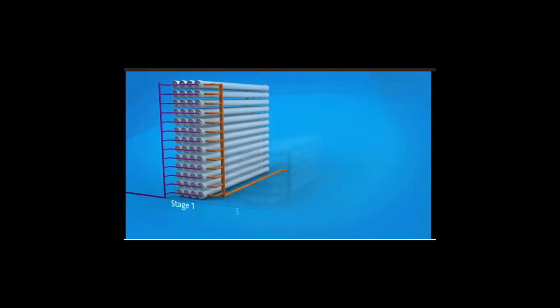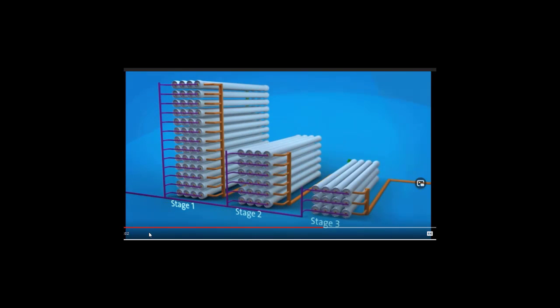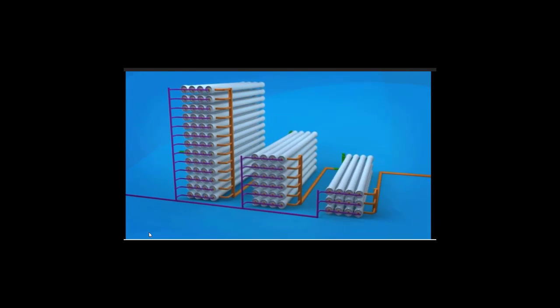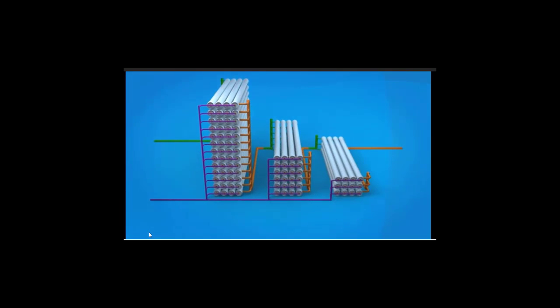At St Mary's, there are 6 reverse osmosis treatment trains, each with 3 stages. This design produces the highest amount of recycled water with reduced concentrate waste. Stage 1 has 52 pressure vessels, Stage 2 has 24 pressure vessels, and Stage 3 has 12 pressure vessels.